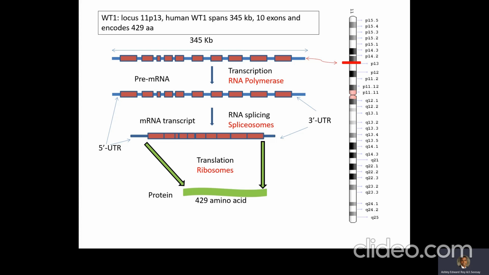Now, with the help of the transcription process, where the enzyme RNA polymerase acts on the gene, a pre-mRNA is made. The pre-mRNA is usually the same size as the gene itself. Now, in the eukaryotic central dogma, you have a very specialized process where the spliceosome acts to remove the introns during RNA splicing.